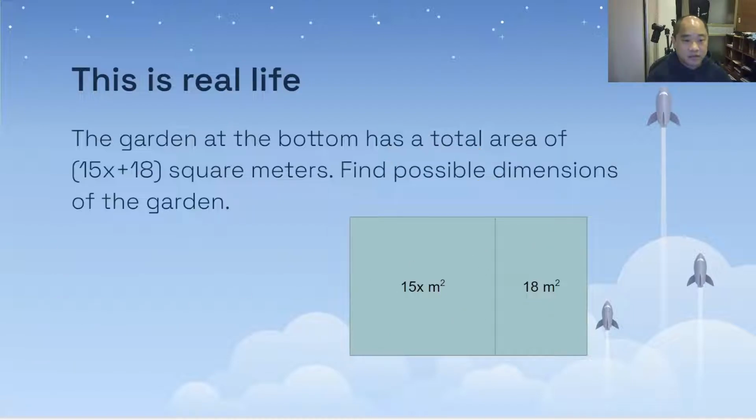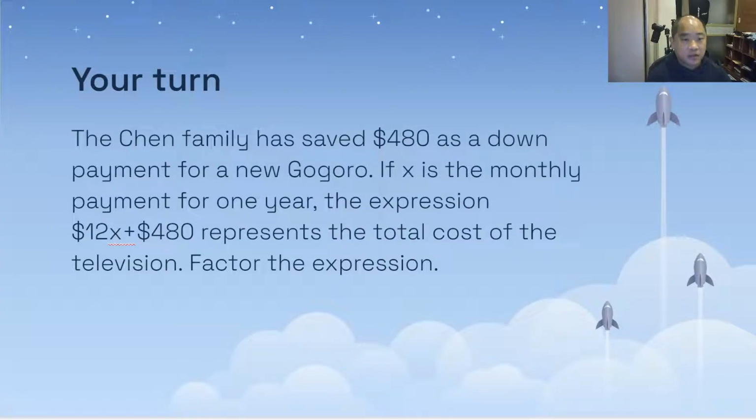Okay, your turn. The Chen family has saved $480 as a down payment for a new TV. If X is the monthly payment for 1 year, then this expression, 12X plus 480, represents the total cost of the television. Factor the expression. So 12X plus 480, this is the total cost, right?